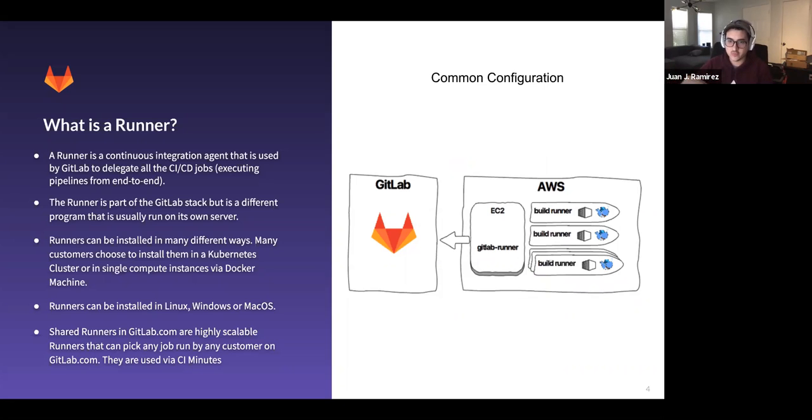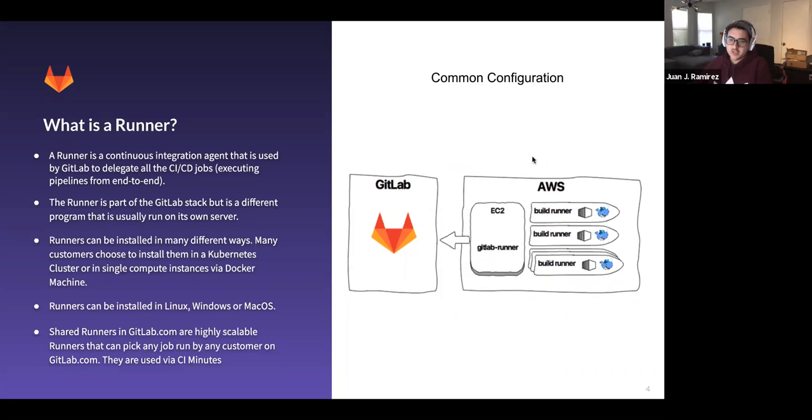We're gonna do all the things for you. So it's almost by design that runners are a little bit opaque, and that they're not necessarily a concept that you will bump into frequently. But I think it's very important to understand what they are.